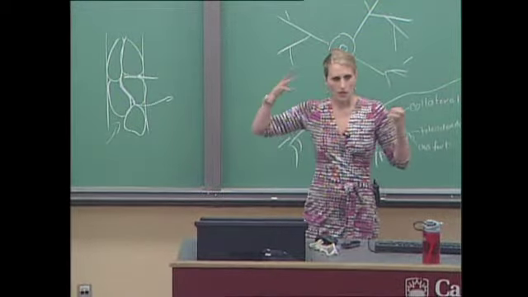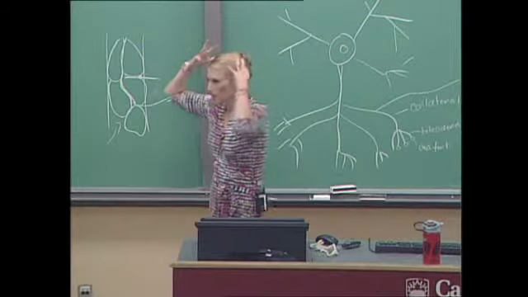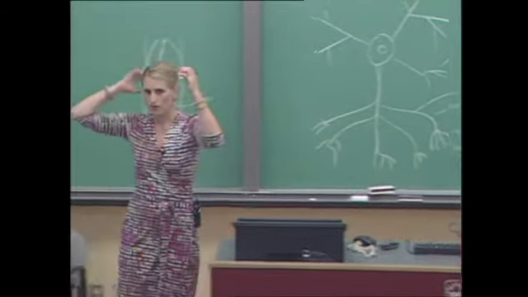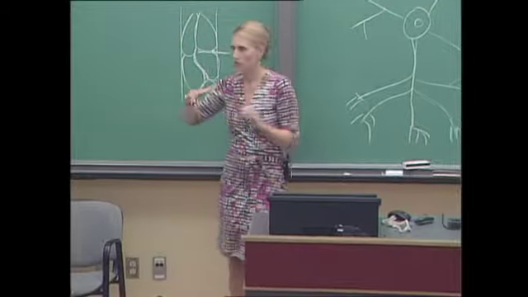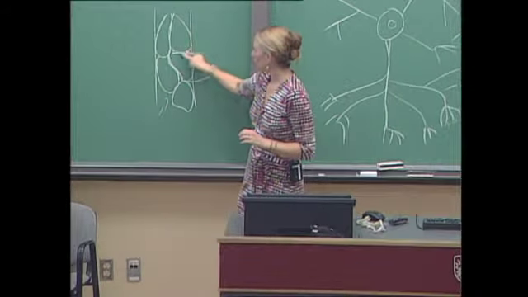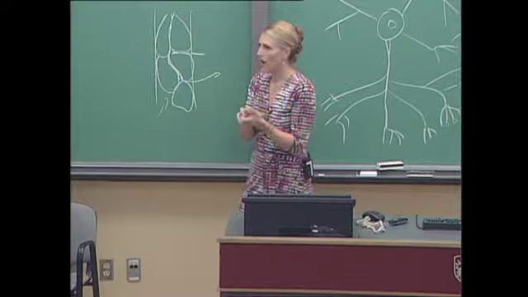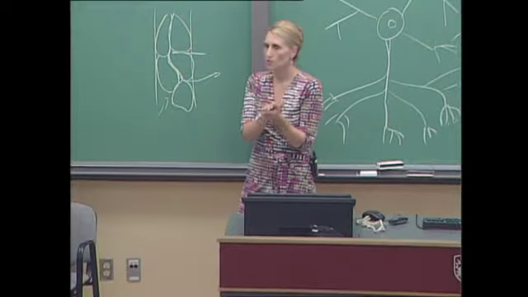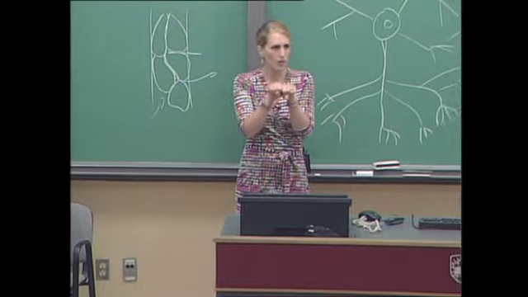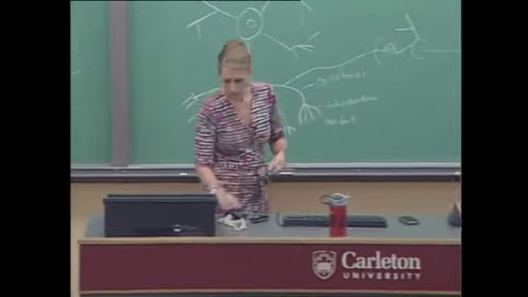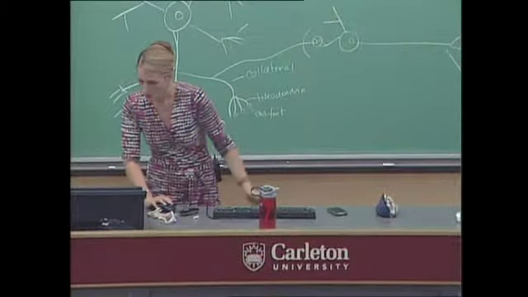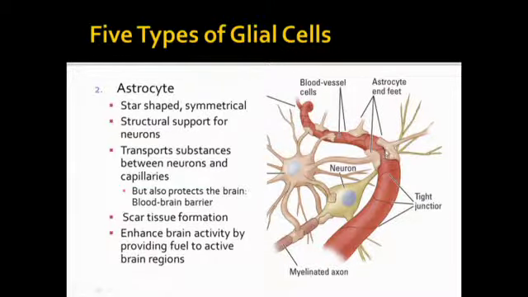The blood vessels that line your brain, remember we talked about blood vessels a couple lectures ago, the major cerebral artery, etc. The capillaries are tightly packed, which means the spaces in between them are really, really small, so very little can flow into and out of the brain. And part of what the astrocytes do is they control for that as well.